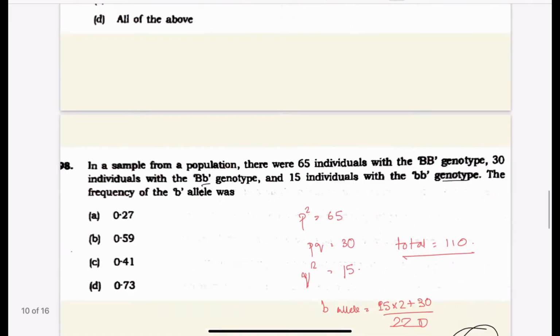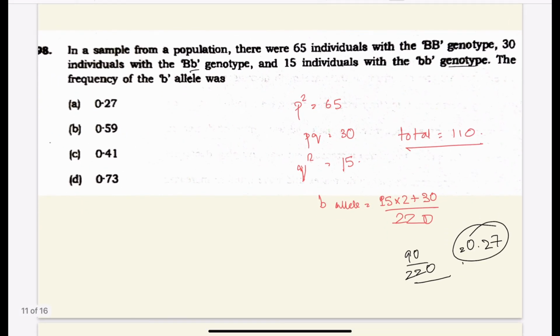Next question. Here, in a sample from a population, there were 65 individuals with the BB, that is capital B homozygous genotype. Next is 30 individuals with a capital B small b genotype, heterozygous, and 50 individuals with the small b genotype. The frequency of small b allele was.